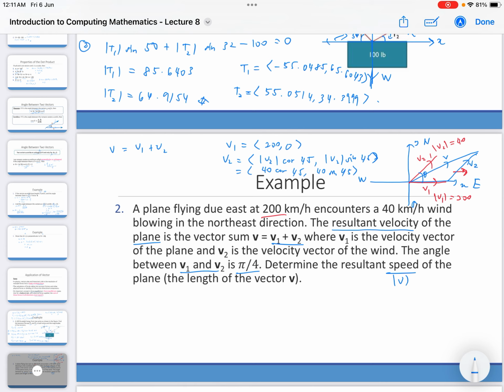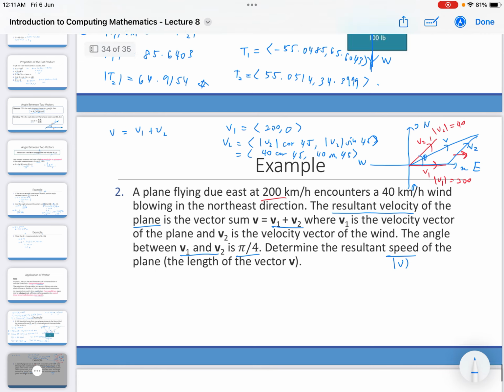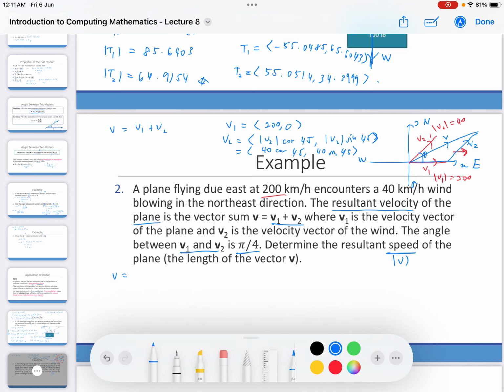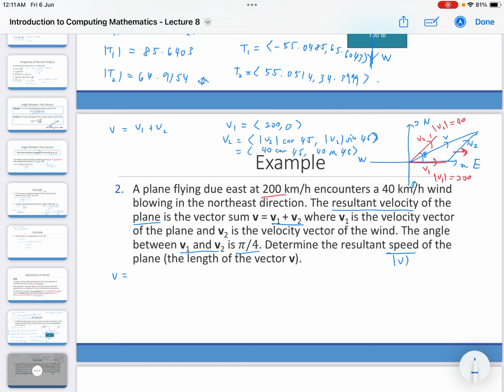Okay, now we have already defined the vector components for v1 and v2, and we can add these two vectors. So v equals, we add the first components together: the first component is 200 plus 40 cos 45, and the second component is 0 plus 40 sine 45.